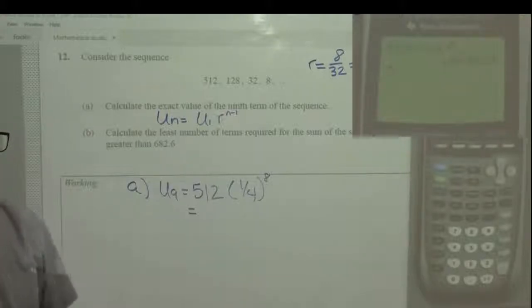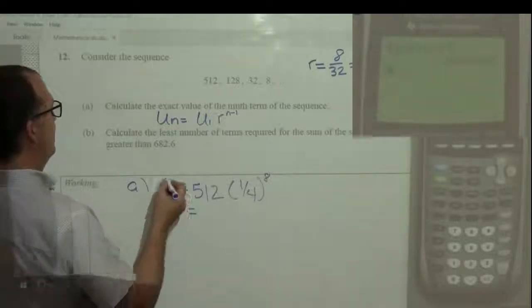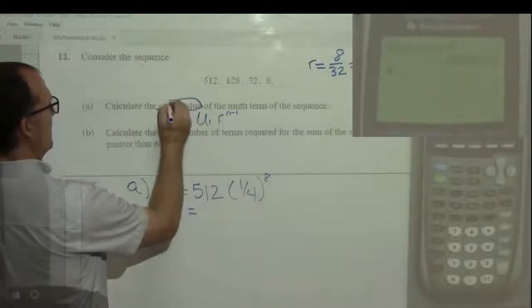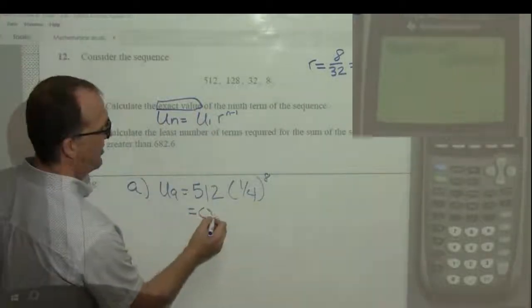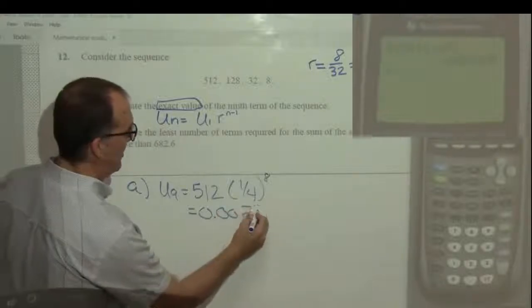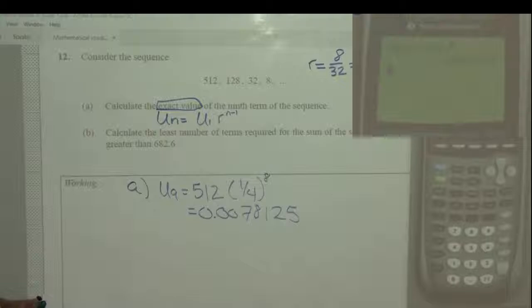Otherwise, you would sort of be saying 1 divided by 4 to the 8th power. This may be a case where using the decimal 0.25 could make sure that you don't make that mistake. But they want the exact value, so no rounding in this case. I'll write out the whole value.